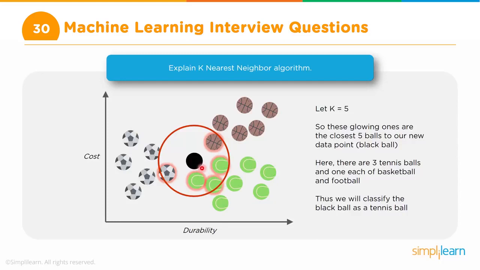So that is how it is decided. Okay. So k nearest neighbors: first, identify the number of neighbors mentioned as k. In this case, k is equal to 5. So we find the 5 nearest points, and then find out which class has the maximum number of these 5. And then the new data point is assigned to that class. So that's pretty much how k nearest neighbors works.